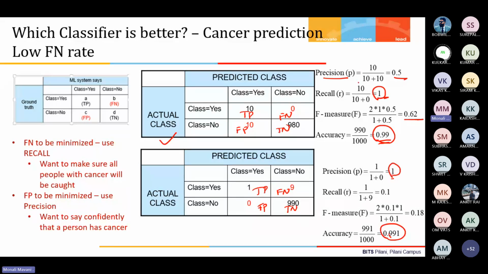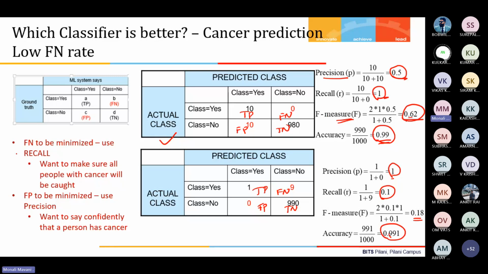The first model has moderately high precision, but the second model has very low recall. So in this case, how to choose? The F measure will give you a correct way of choosing. Look at the high F measure. This is 0.62 and this is just 0.18. So without domain knowledge, you can choose the first model. Again, the question is you have to choose between these two models only. So the F measure is high for the first one. This way, F measure is a very reliable metric which lets you make a decision.